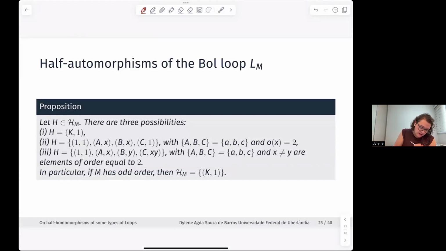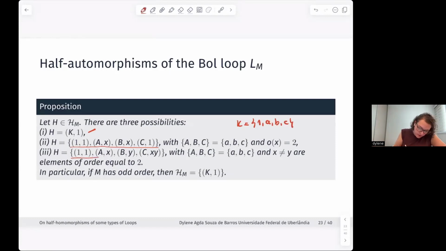If we have an H in that HM, either H is just K1, or H has the form 1, 1, AX, BX, C1, where A, B, C form the non-identity elements of the Klein group of order 4. Remember that the Klein group is 1, A, B, C here.